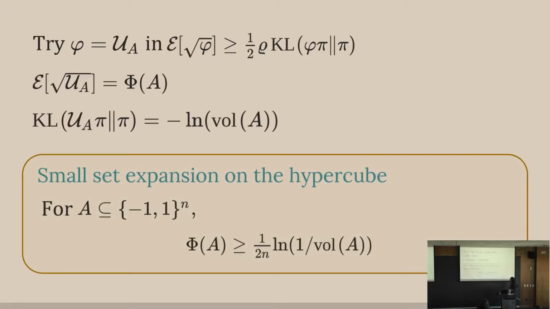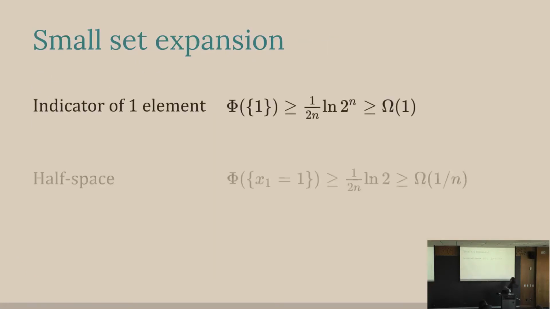If you put this together, we get a very nice inequality that says that if you have a subset of a Boolean cube, then the conductance is going to be lower bounded by 1 over n times the ln of 1 over the volume. In particular, if you look at the indicator of one element, it's approximately omega 1.